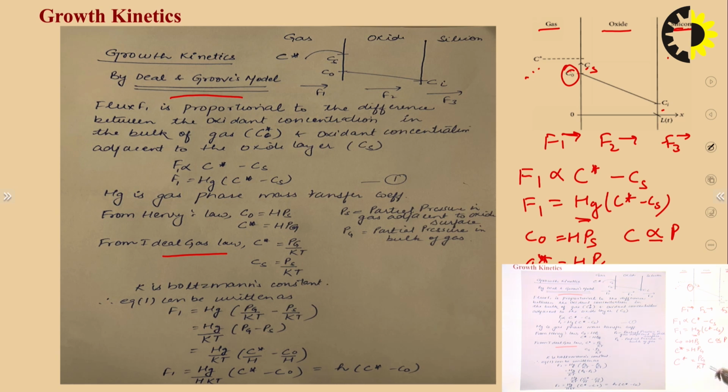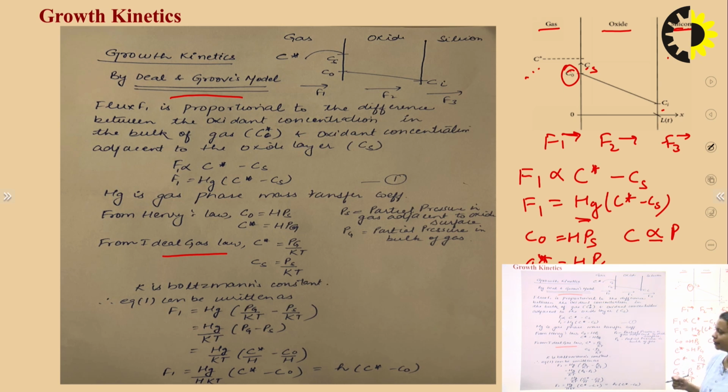That means whatever concentration you have at a particular phase, there must be some pressure and temperature, and some constant. Here k is the Boltzmann constant and T is the temperature. So using the ideal gas law, I have shown that C star is equal to Pg upon kT, and similarly Cs is equal to Ps upon kT. So these are the three steps.